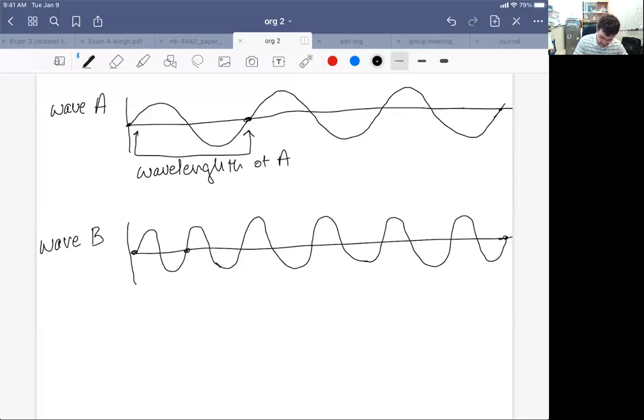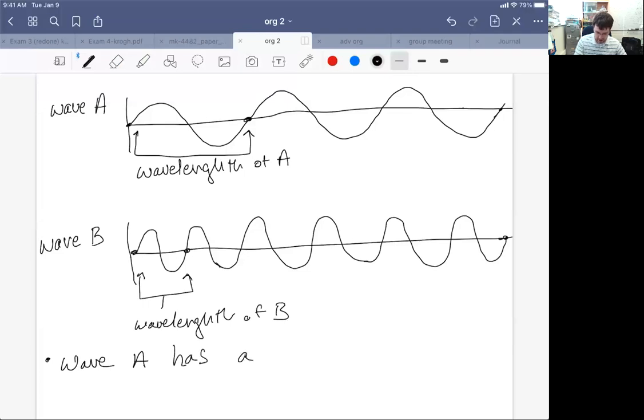Conversely, we have the wavelength of B, and looking at this right away, we can compare.